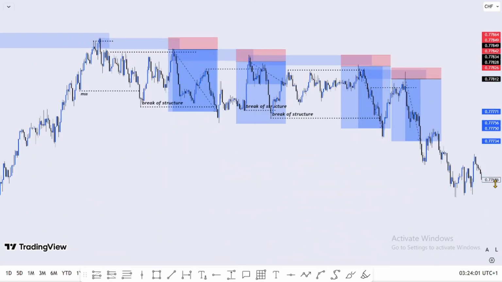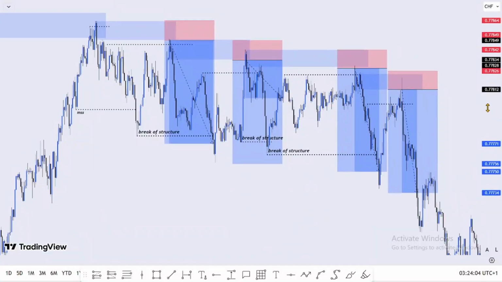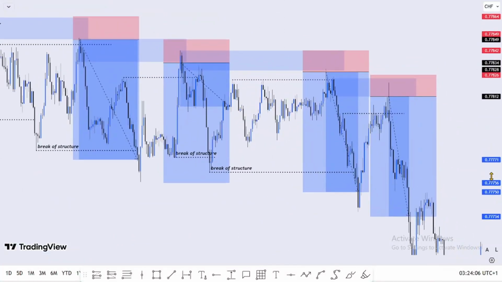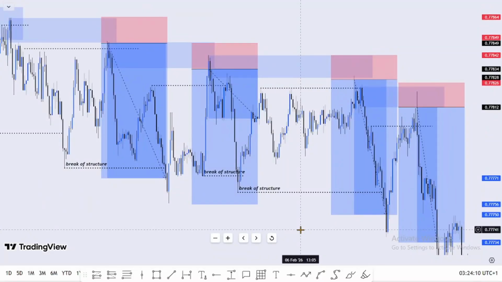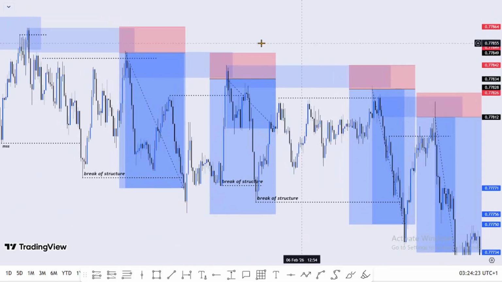Now there's something else I want to talk about. It's not really relevant, but just have it in mind, since this is a master class, an order block full course, let me just include it. This is actually how price should react from an order block when it retraces to it. That's something we are going to be discussing, and you need it so that you are able to cut your losses short.